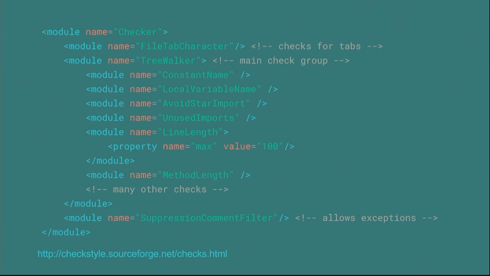We also have TreeWalker, which means it will iterate through all the classes and all the instances we have, and it checks the names of variables and constants, and it does many different checks inside, line lengths, method lengths, and other things. You can also define some parameters, for instance, in this case, for line length, but you need to check the documentation, and you may customize almost all of them.